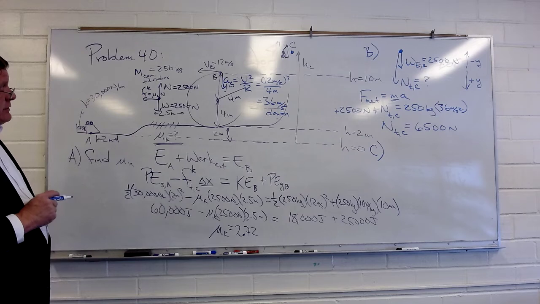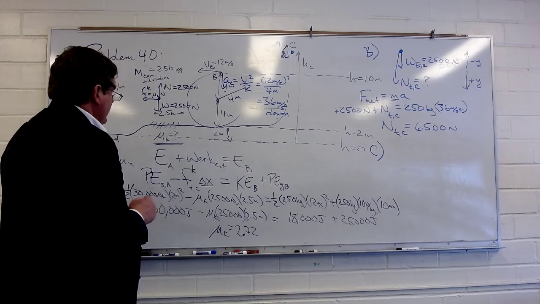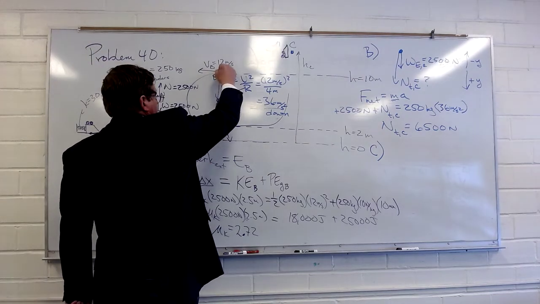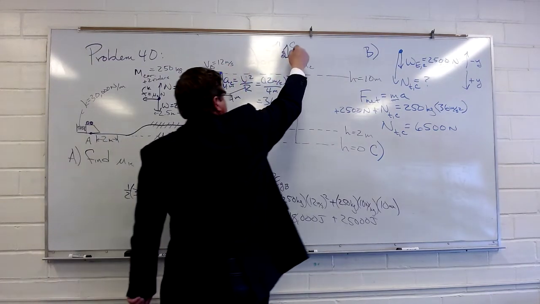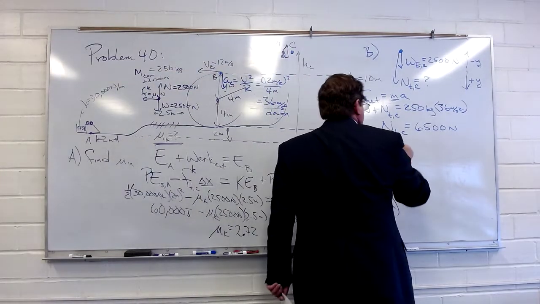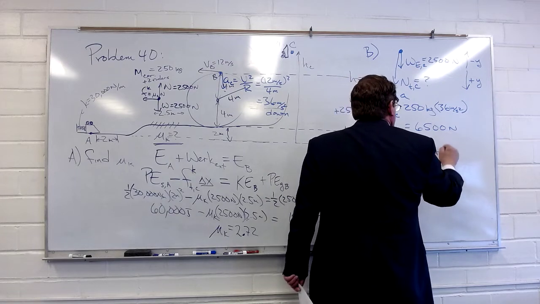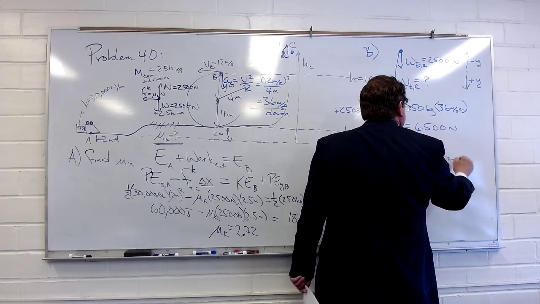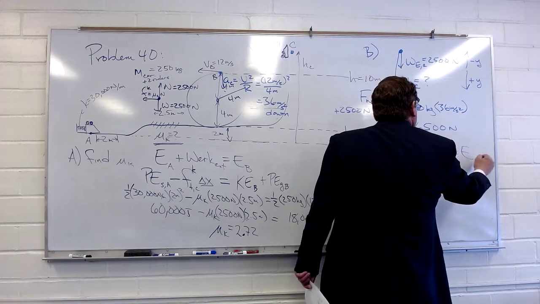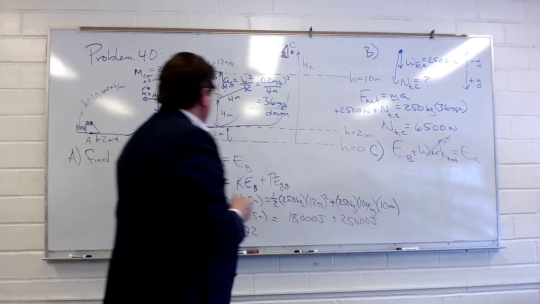There's lots of ways you could do this, but the easiest way is to go from here to here as our initial and final, because then the work done between those 2 points is going to be 0 because it's a frictionless track.